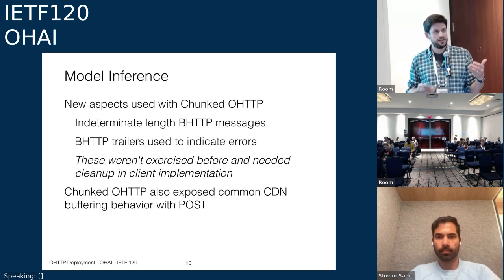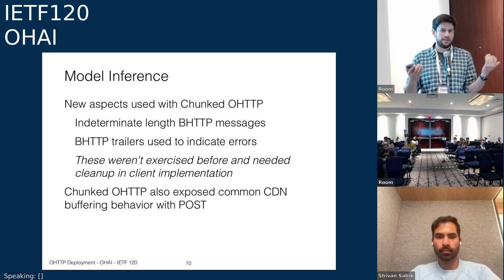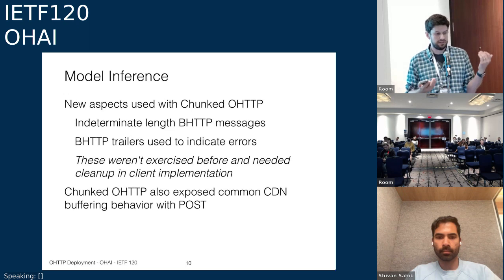And so these were things that, in deployment and implementation experience, until you start doing chunked, you really aren't exercising what it means to do indeterminate length binary HTTP and to have some of the other features like trailer parsing, etc. So just a heads up, things to test.